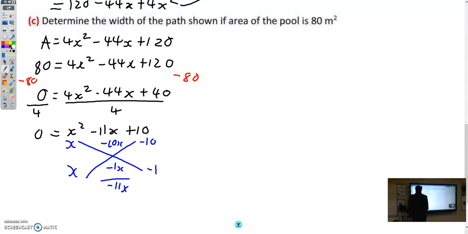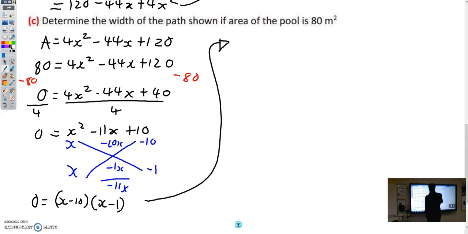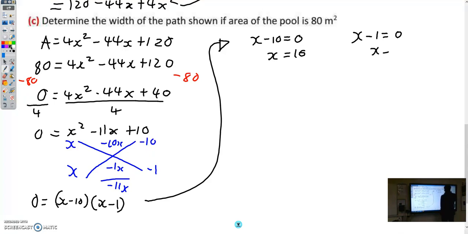So I now know that my factorized expression is 0 equals x minus 10 times x minus 1. I'm going to complete the solution on the right-hand side. If we have x minus 10 equals 0, using the null factor law, we can say x is equal to 10. If we have x minus 1 equals 0, we can say x equals 1.